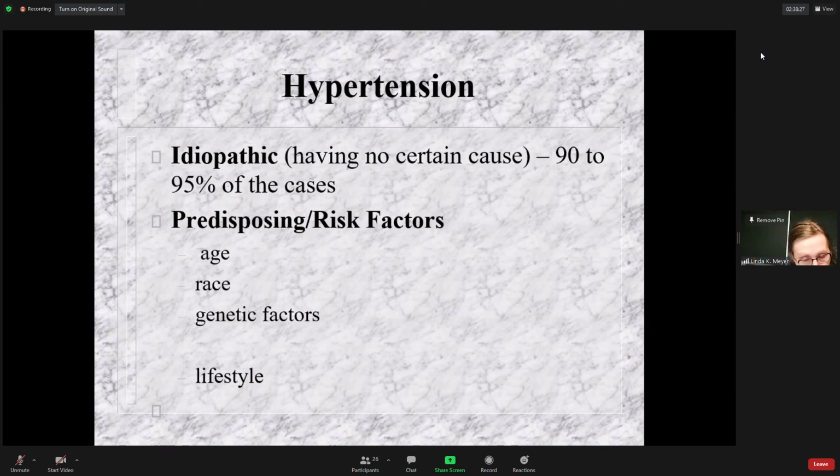When you're older, your race, genetic factors, does it run in your family? Are you overweight? Do you sit around a lot, have a sedentary lifestyle? Those are all risk factors, but overall, there's not one exact cause why people develop hypertension.